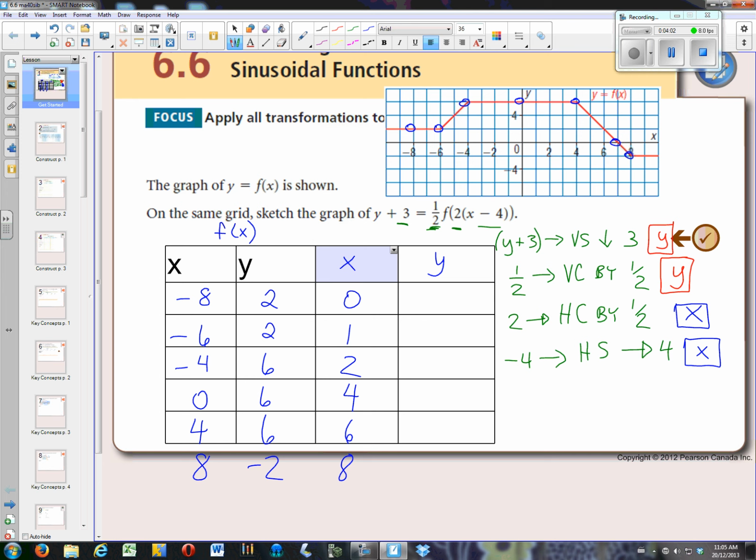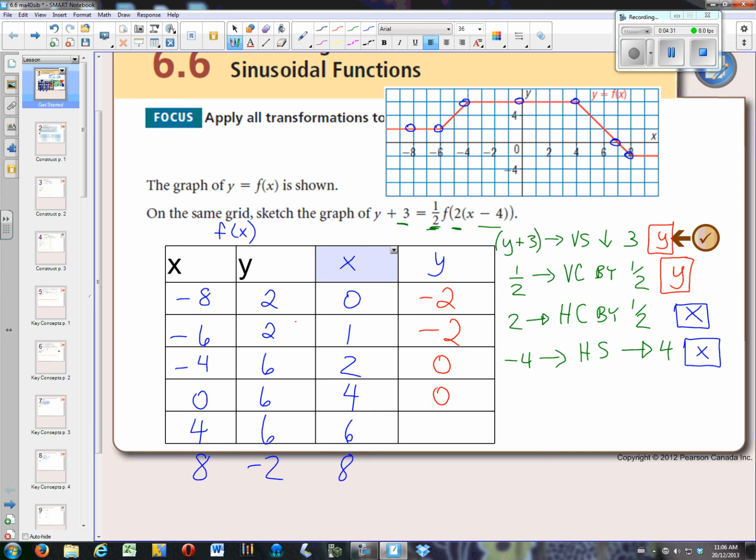Down 3 is -2. 2 times a half is 1. Down 3 is -2. 6. 6 times a half is 3. 3 down 3 is 0. 0 again for 6. -2. -2 times a half is -1. -1 down 3 is -2.